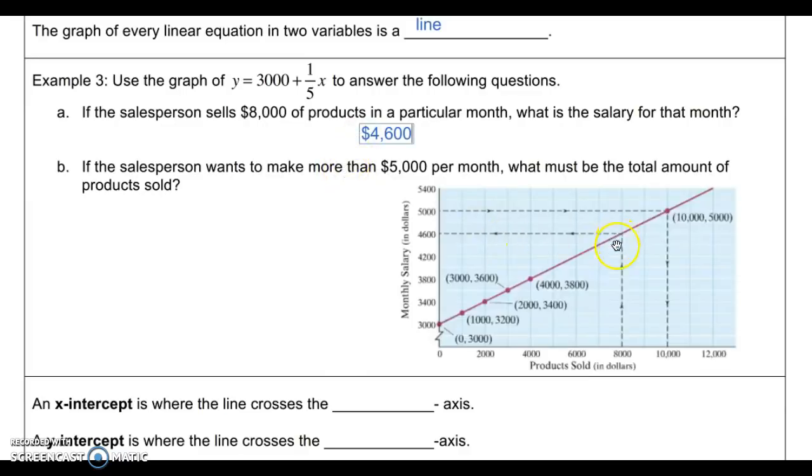Okay, and that was directly from our graph here. And then if a salesperson wants to make more than $5,000 per month, what must be sold? What must be the total amount of products sold? So we're looking at $5,000, and we're looking at how many products, and that is 10,000 products.